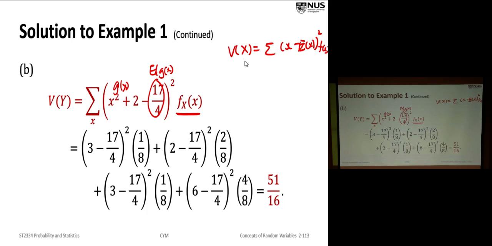All right, so if we replace this by g(x), then this one you replace by g(x), this one the expectation of g(x). All right, this one we still keep using the probability of x, right? So we just work out the variance of y is 51 over 16.